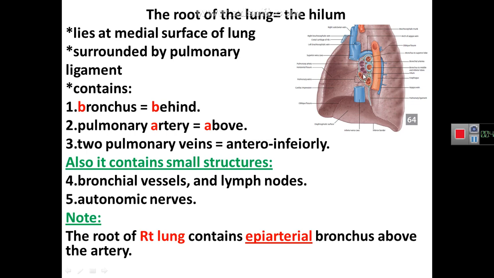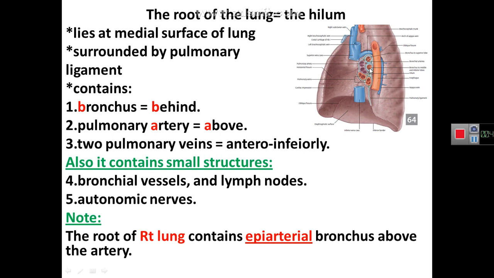There are many small structures including bronchial vessels, lymphatics, and autonomic nerves. And in addition, you have a bronchus above the main bronchus on the right root of the lung. This additional bronchus is called the epiarterial bronchus, because it lies above the artery.